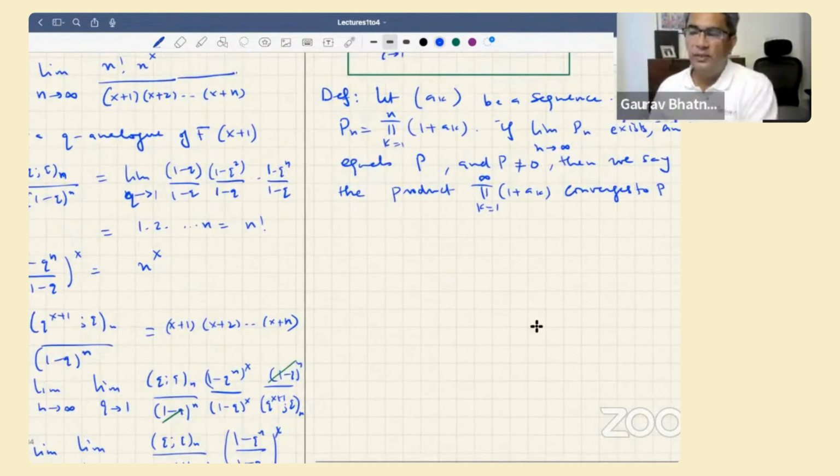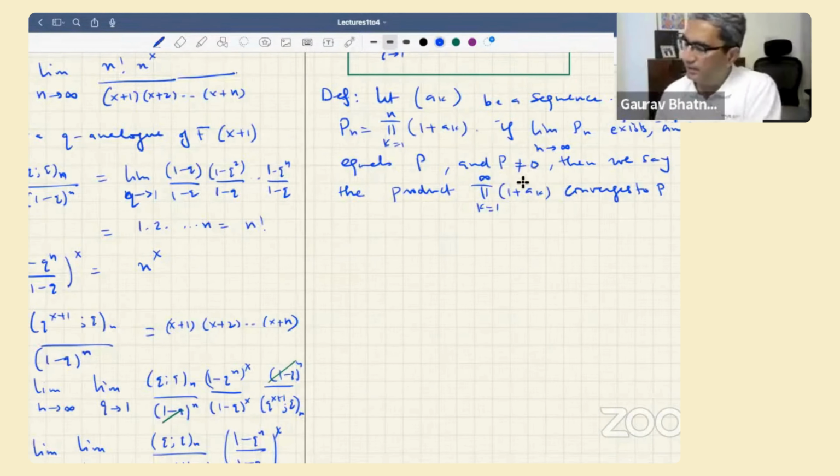So this P not equal to 0 is an interesting new thing. And the reason why we remove P equal to 0 will become quickly very clear.